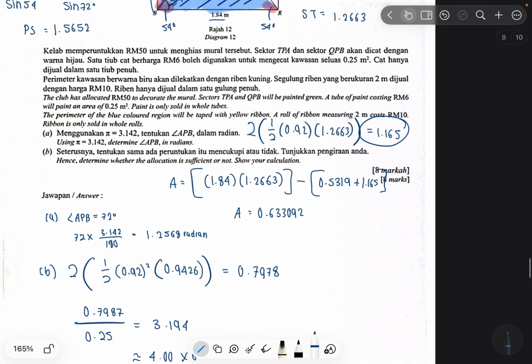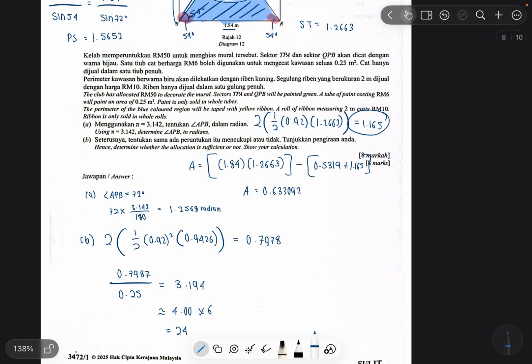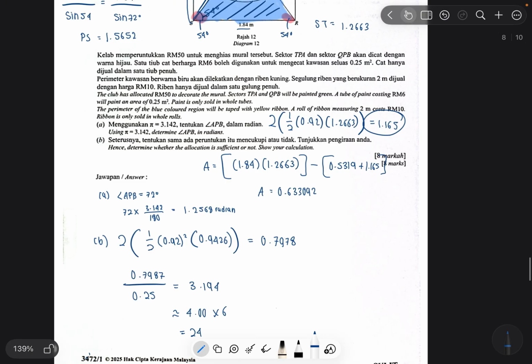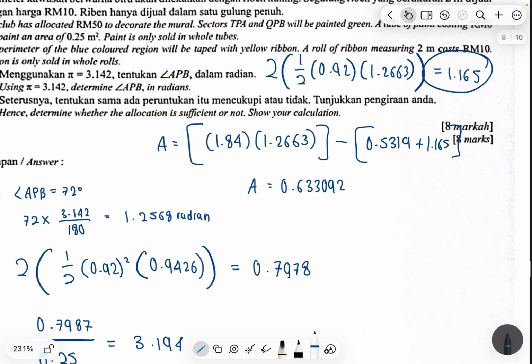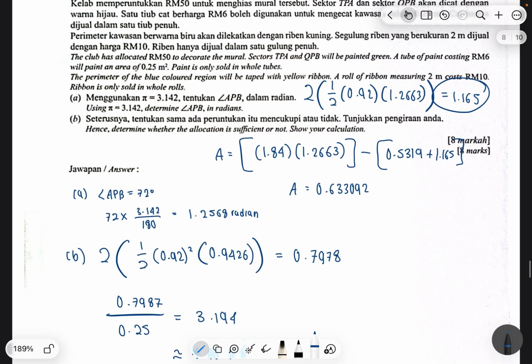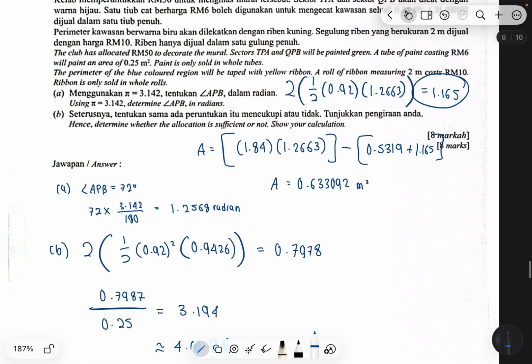The club has the operating cost, paint covers an area of 0.25. Paint is only sold in whole tubes. So 2 meters cost 10. Oh, so this is meter squared, right? So that is in meters.